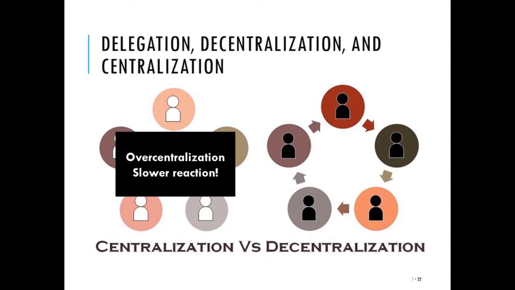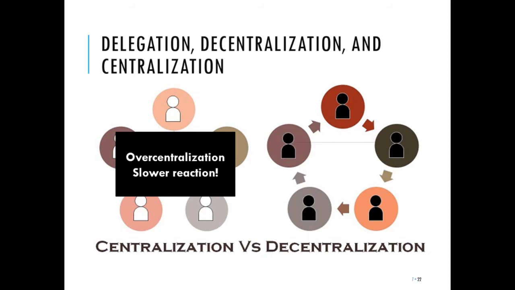A decentralized organization is one in which decision-making authority is delegated as far down the chain of command as possible. Decentralization is characteristic of organizations that operate in complex and unpredictable environments.